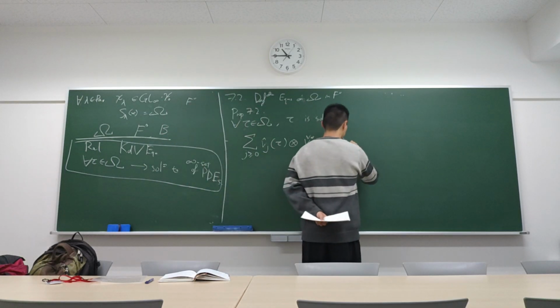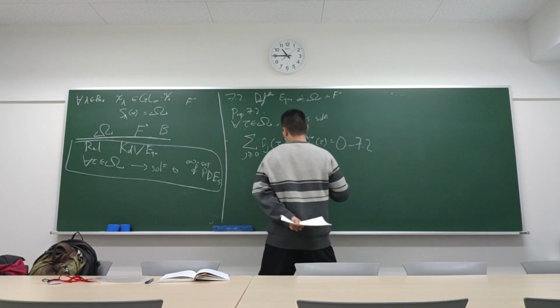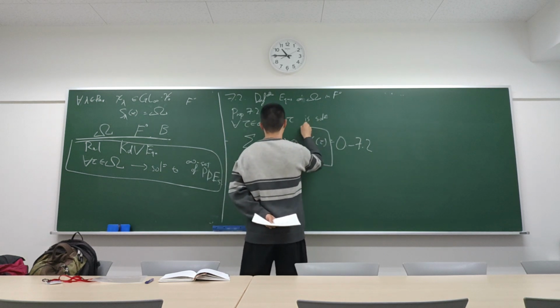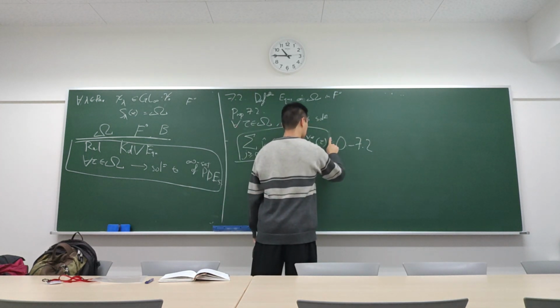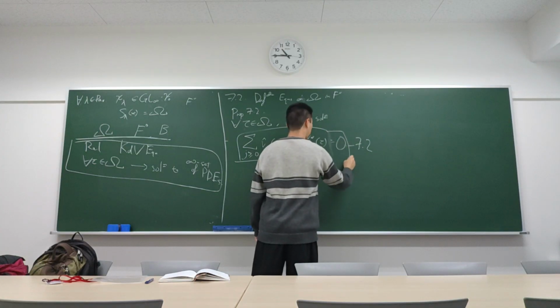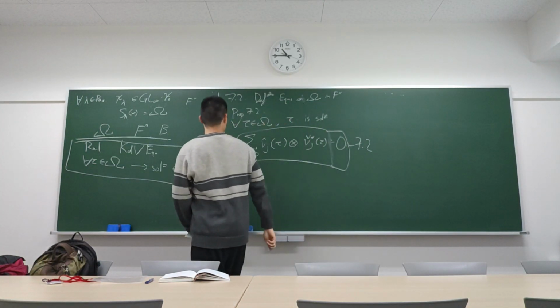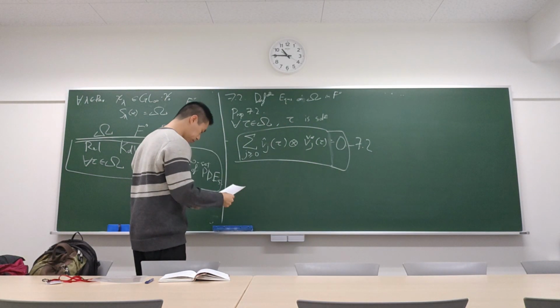This is one of the most important equations today, and I'll keep referring to it as 7.2. This is called 7.2, the defining equation for tau in F0 space.